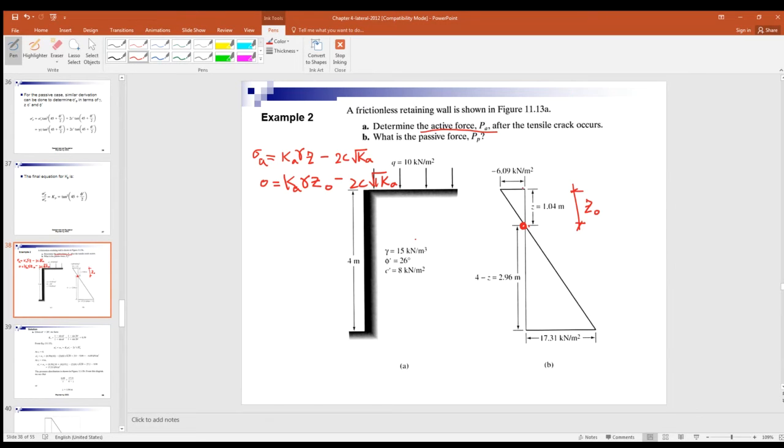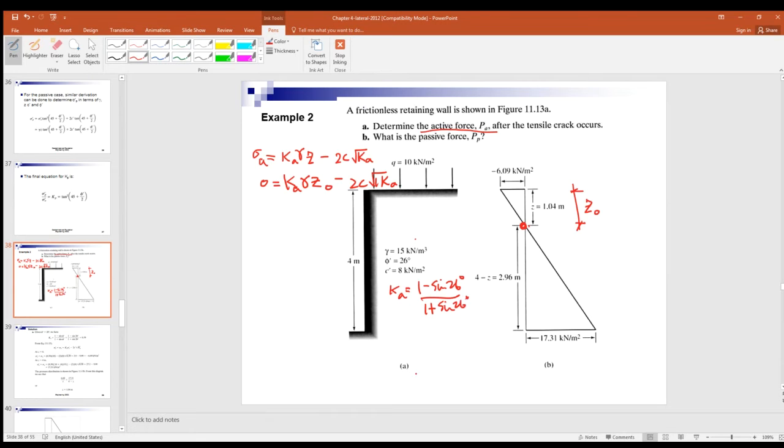Can somebody tell me what's Ka? Ka here equals what? 1 minus sine 26 over 1 plus sine 26, right?